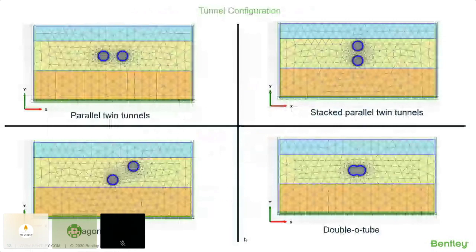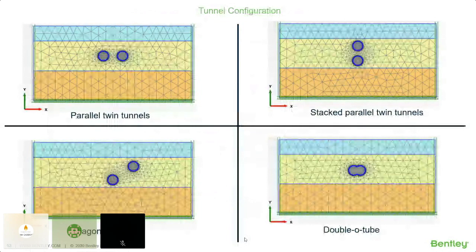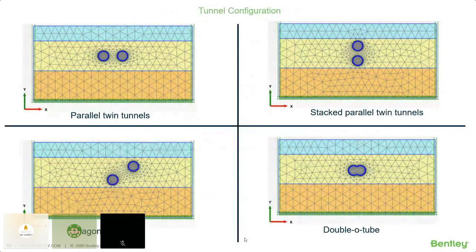Now next we have tunnel configuration. By using the tunnel designer, we can simulate different tunnel configurations. The first figure is showing you the parallel twin tunnel with the horizontal alignment, and the second is the stacked parallel twin tunnel.